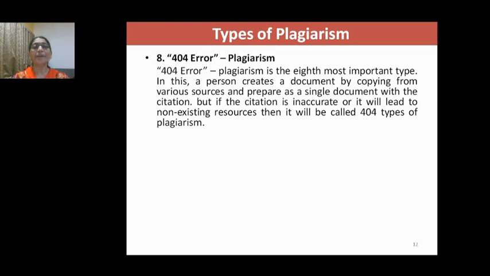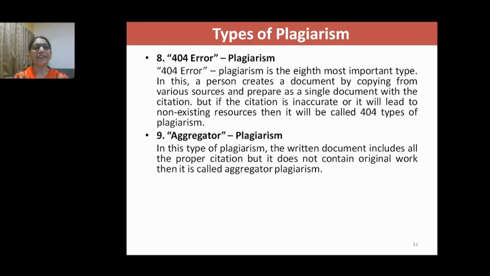In this, a person creates a document by copying from various sources and prepares a single document with citations. But if the citation is inaccurate or leads to non-existing resources, then it is called the 404 type of plagiarism.